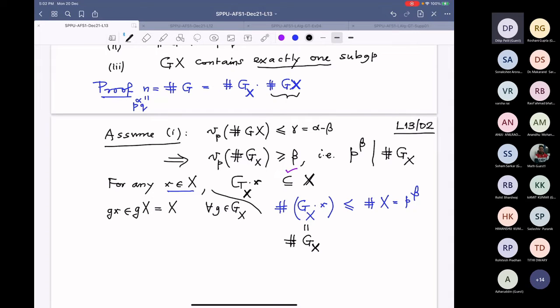Again, the same argument, since x is in X, which is contained in G, the multiplication map by that small x gives the bijection, because x inverse will give you the inverse map. So what did we prove? The cardinality of the isotropy is smaller or equal to P power beta.